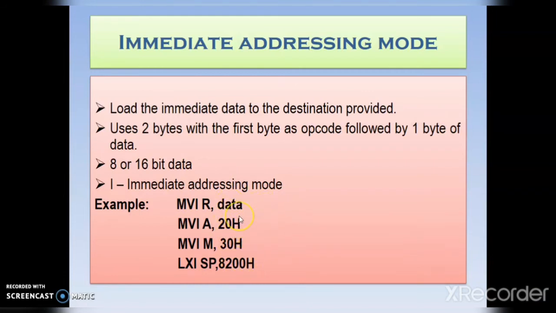So we have 2 bytes in this instruction, and this immediate addressing mode represents a 2-byte addressing mode. The function of the immediate addressing mode is to load the immediate data to the destination provided. So here I represents immediate addressing mode.